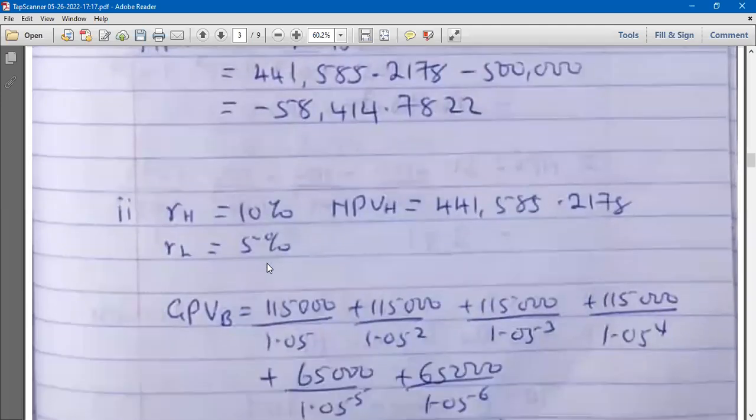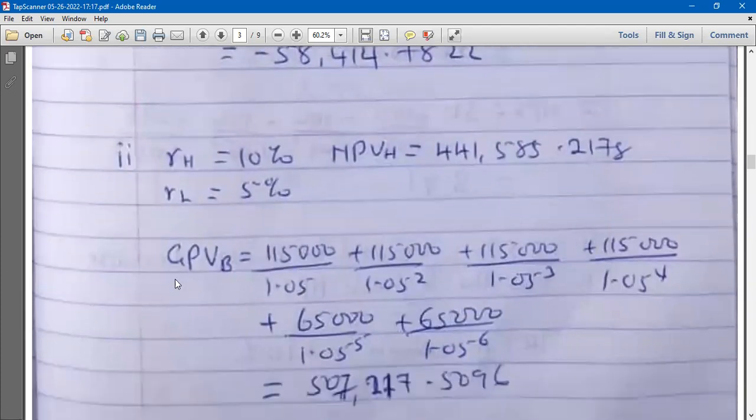Then let's use 5% too, so the lower interest rate to be 5%. So the discounting factor is going to be 1.05. Okay, so first you find the gross present value for the benefit. You go through the same process, but here we are using 5%. So do it for 5% as we did for 10%.